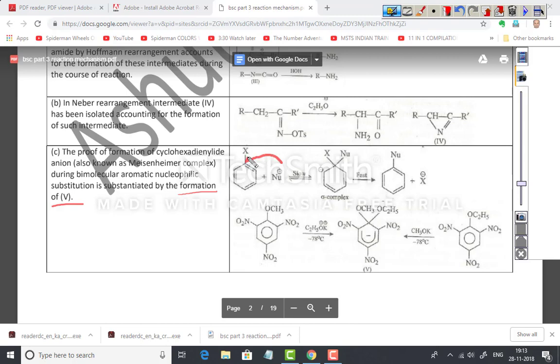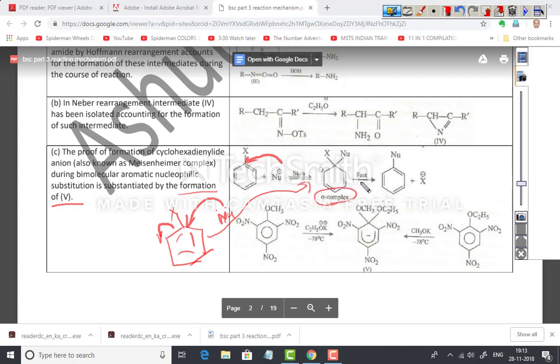This goes over here, addition takes place. It has been drawn like this, but we can draw it like this, and the nucleophile goes over here, and this becomes this. So then it becomes like this, minus, and we have this thing, the sigma complex.